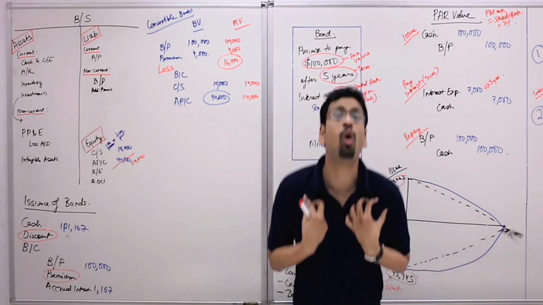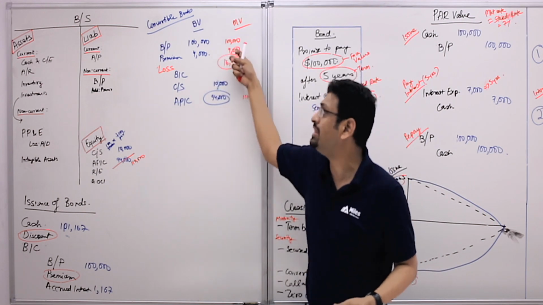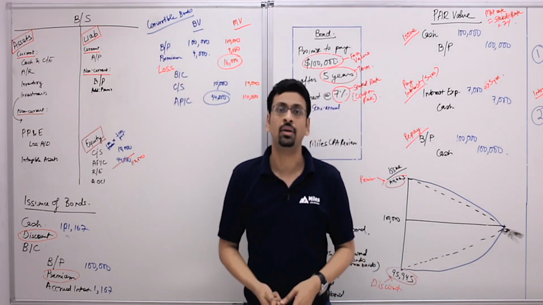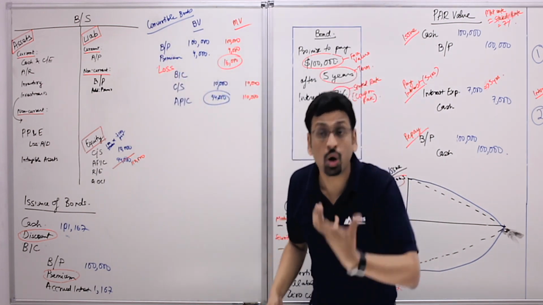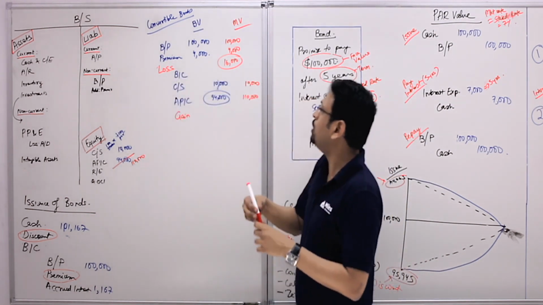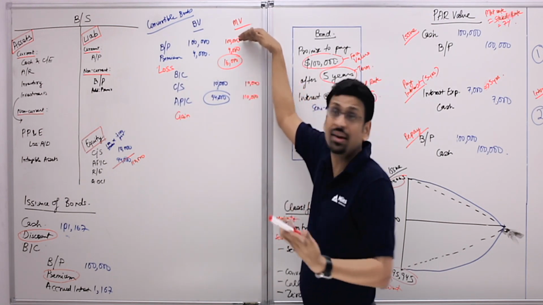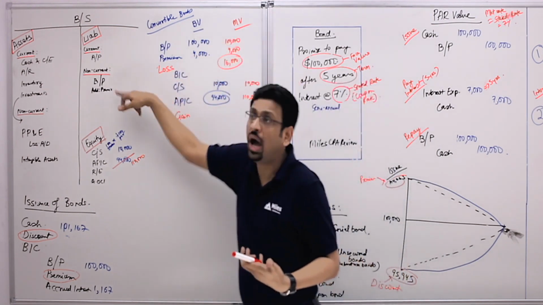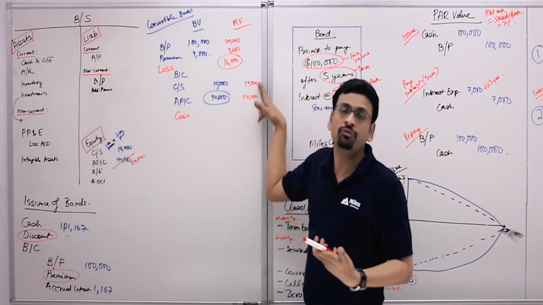We had a loss on this conversion of $16,000. That's the plug. Now you could also have a gain if they come up with bonds which have a higher book value, higher carrying value than the market value of the equities.